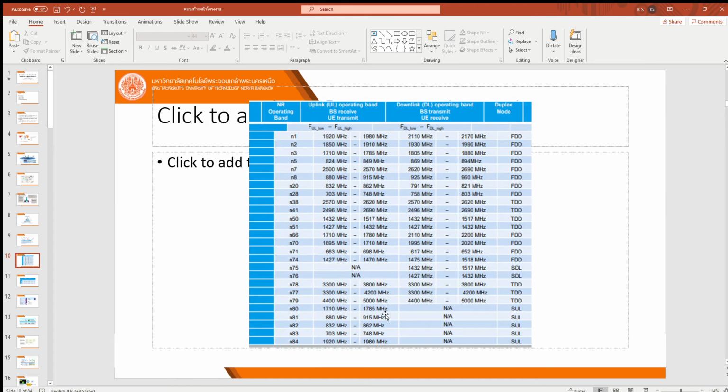Also, I told you before that they have a table for using 5G in the future. In some cases, some countries find it not convenient to use the frequency that we offer, about N30X. So that means they're going to use another frequency in the table. And each frequency has a different duplex mode, like FDD, TDD, and then SDL, SUL.